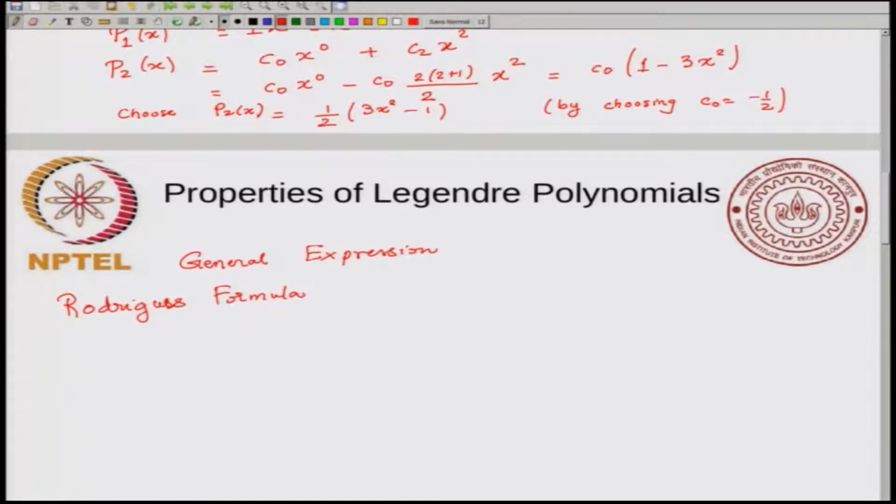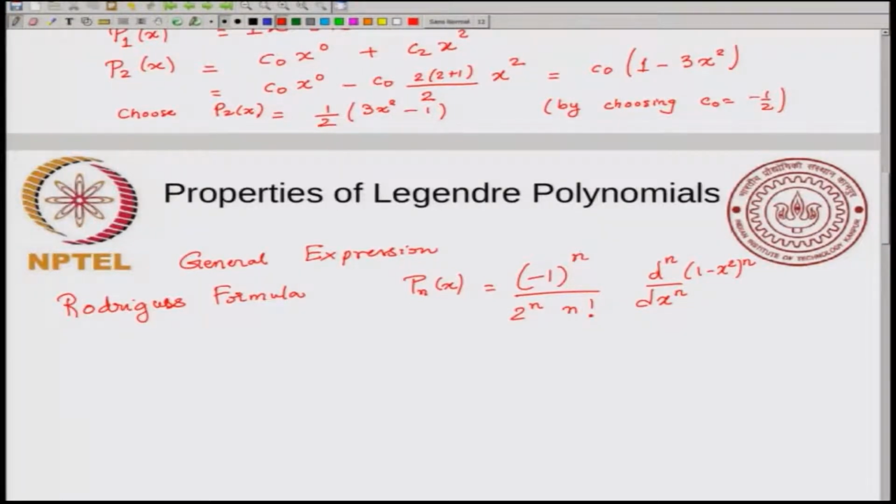Your P n of x is chosen as minus 1 to the power n divided by 2 raised to n into n factorial, and this is d n by d x raised to n of 1 minus x square raised to n. So, the nth derivative with respect to x of 1 minus x square raised to n will give you the polynomial.